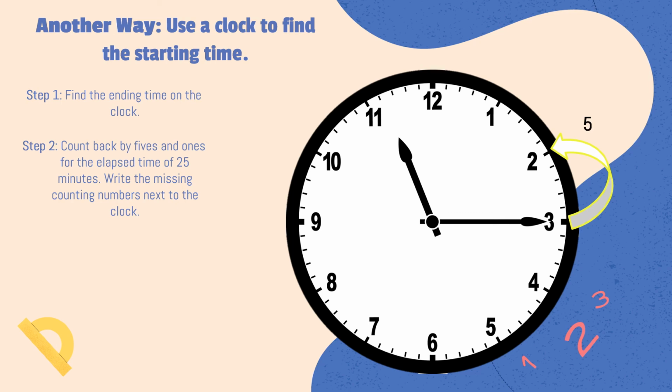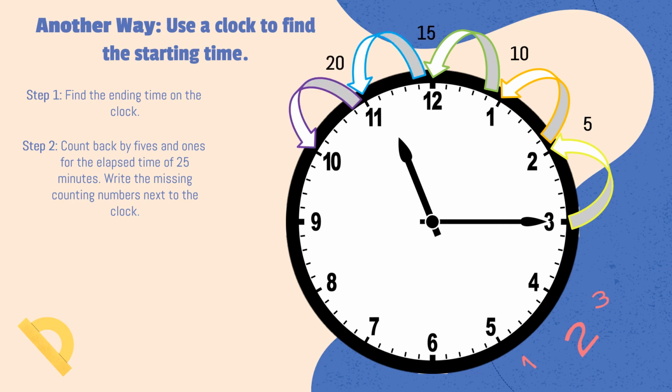So 5, then another 5 will be 10, another 5 and it will be 15, another 5 and it will be 20, and another 5 and it will be 25. So we get to the starting time, it will be 10:50 a.m. Good.